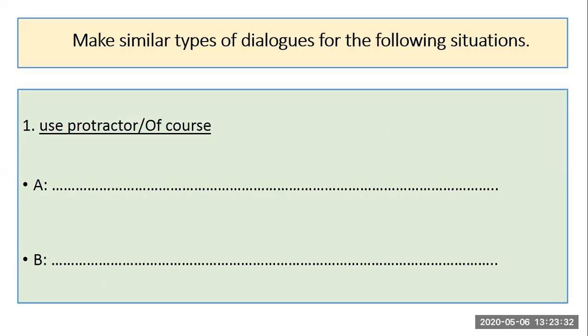B says okay. That means B allowed A, or A is permitted to use B's pencil or B's protector. So you can also use the past tense, because we are taking it in the form of dialogues here where people are talking and just sharing their ideas. We are using present tense.